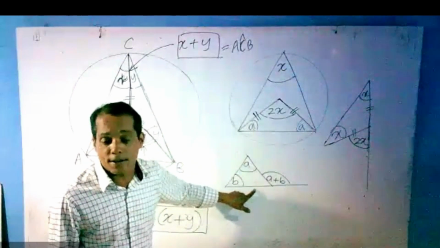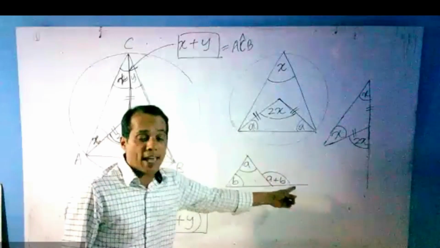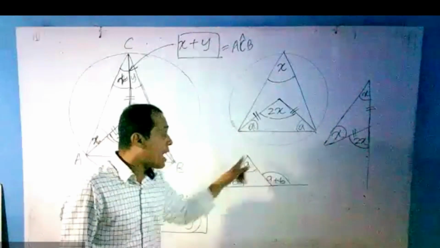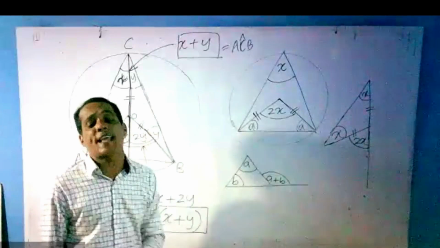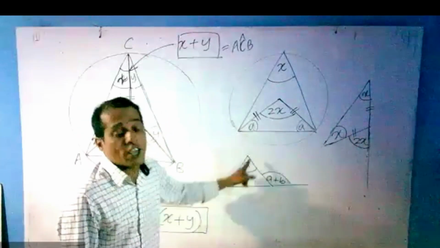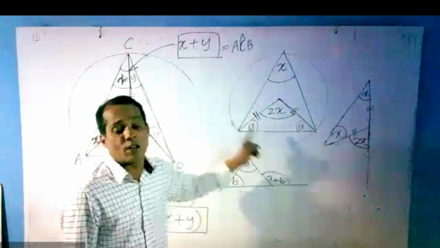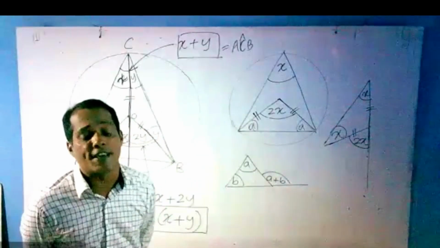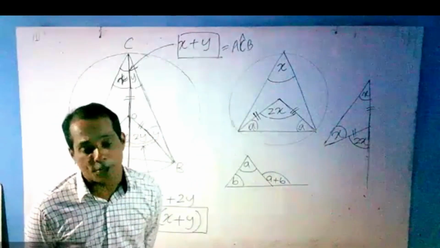When the sides are produced in a triangle, the exterior angle formed is equal to the sum of the two interior opposite angles. Did you get that? Yes, sir.